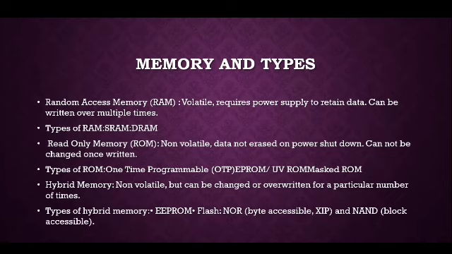It cannot be changed once written. Types of ROM are one-time programmable, OTP, EEPROM and UV-ROM, masked ROM. Hybrid memory is non-volatile but can be changed or overwritten for a particular number of times. Types of hybrid memory are EEPROM, flash and NAND.